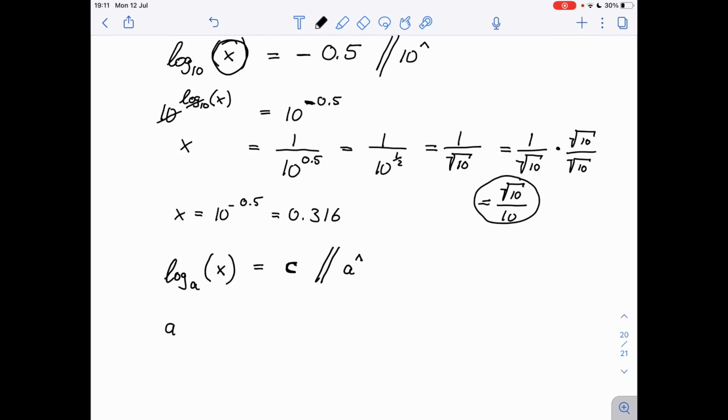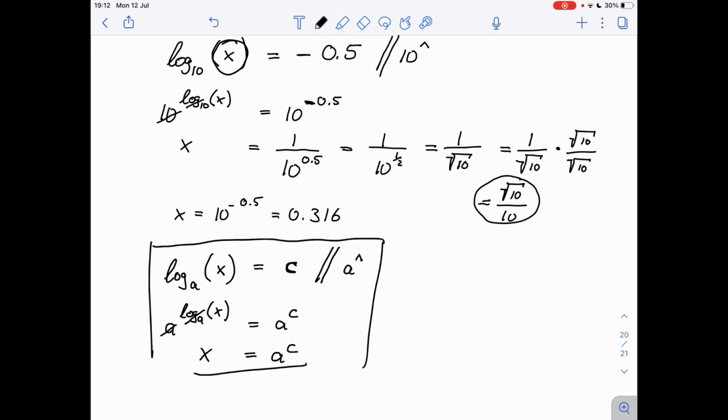So we've got a to the power of log a of x equals a to the power of c, so a and log a cancel out, and we've got x equals a to the power of c. And if you like, we can call this rule number 6, although it's really just a reverse of what we have done before.